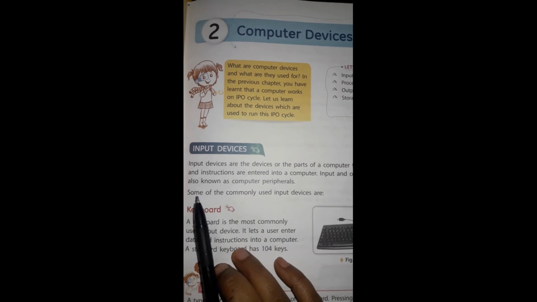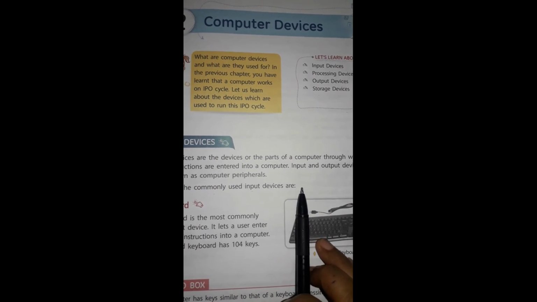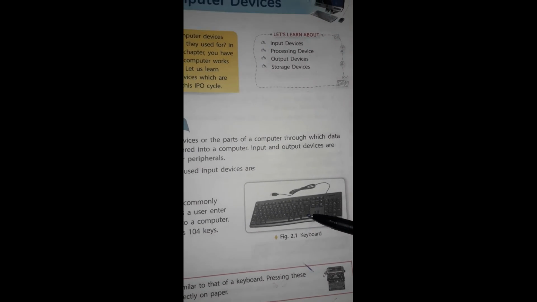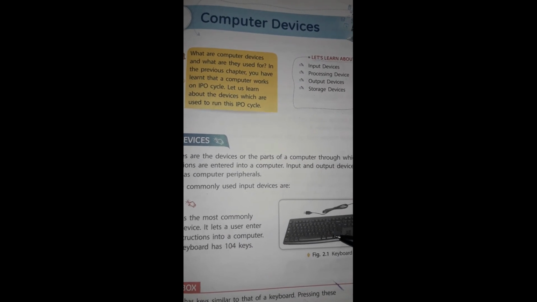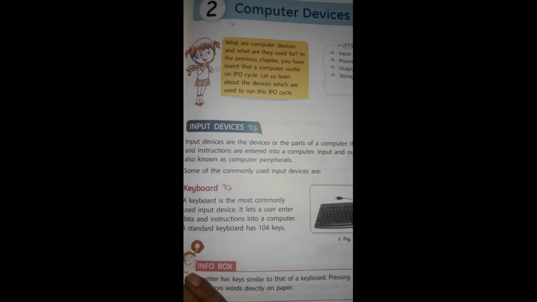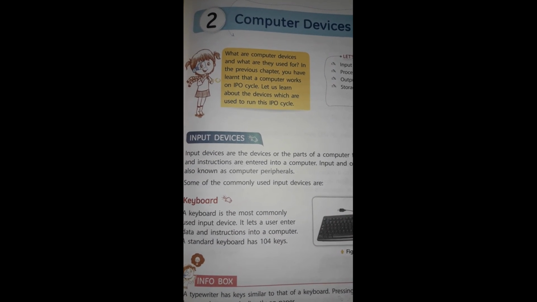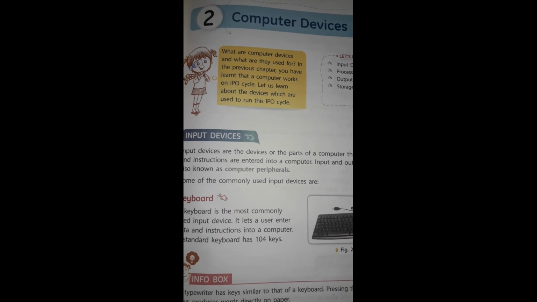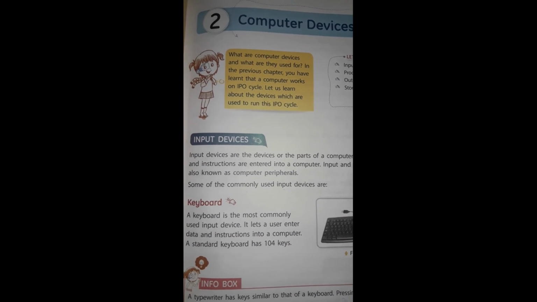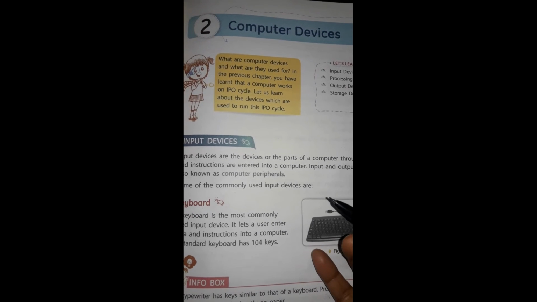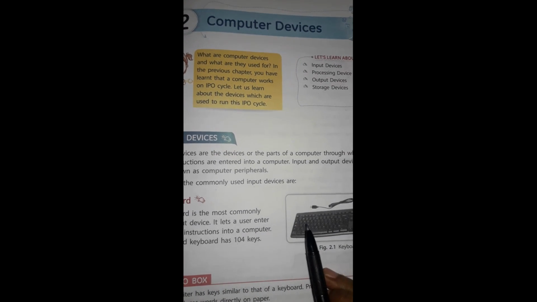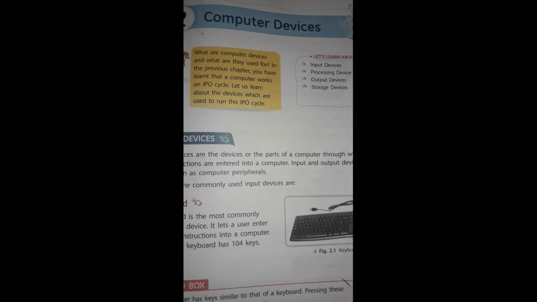Some of the commonly used input devices are keyboard and mouse. A keyboard is the most commonly used input device. It lets a user enter data and instructions into a computer. A standard keyboard has 104 keys.